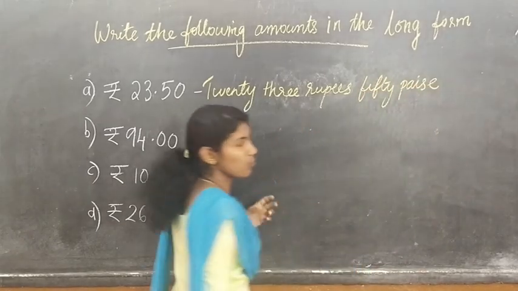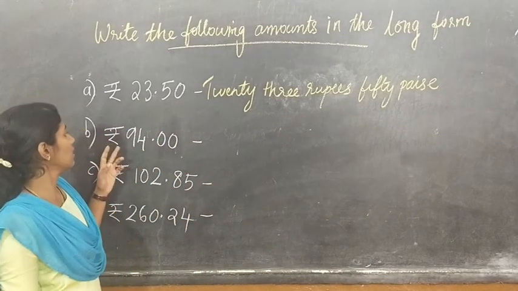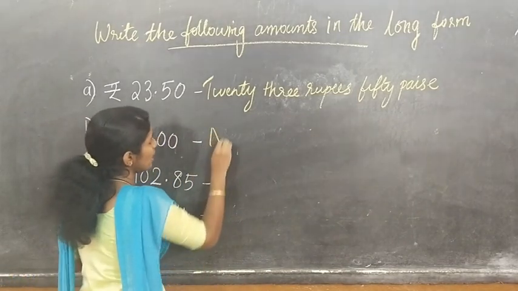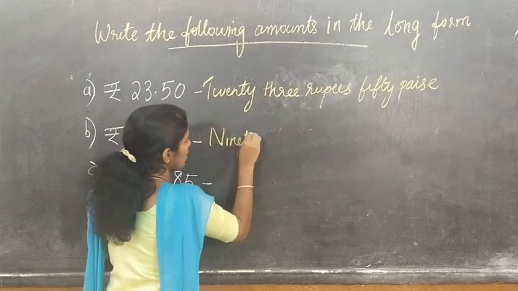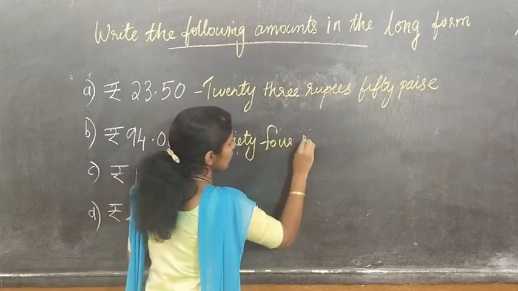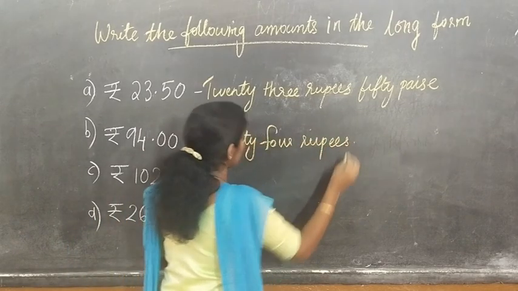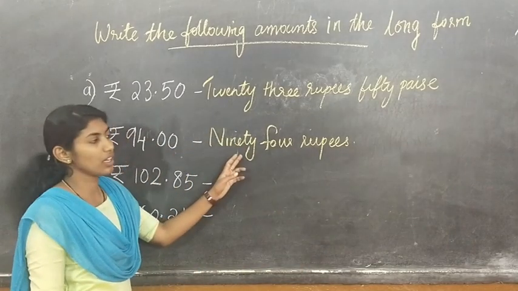This is the long form. The second one, 94 rupees. That is 94 rupees. Here there is no paise, so no need to write paise.